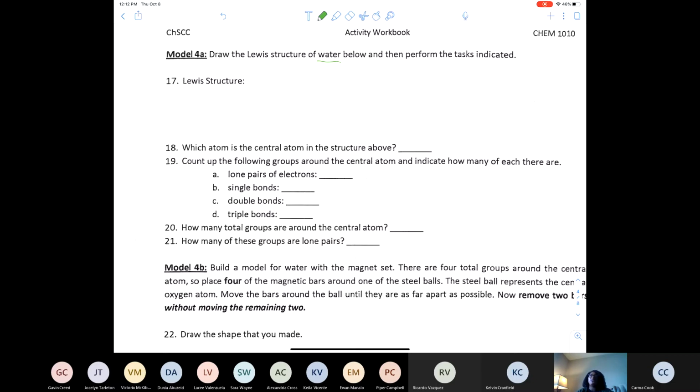So as soon as you're finished, just return to the general room. I'll be keeping an eye on the general room, making sure most of us have returned. And during this time period, I'll also be popping in to your meeting rooms to see if you have any questions for me. So now please go into your individual group meeting rooms to finish the remainder of the models for today.